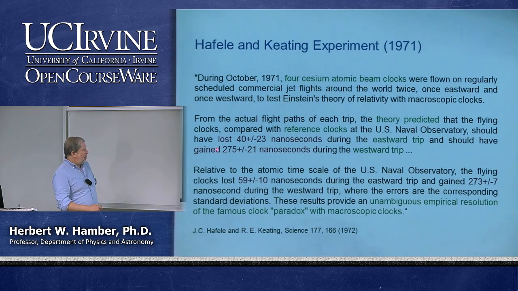They found that there was indeed a loss or a gain of just a few nanoseconds, but it was significant enough that it could be measured with some reasonable error. And that loss or gain of the clocks carried on the airplanes over these 3 days that they went around was measurable, and was consistent with relativity.